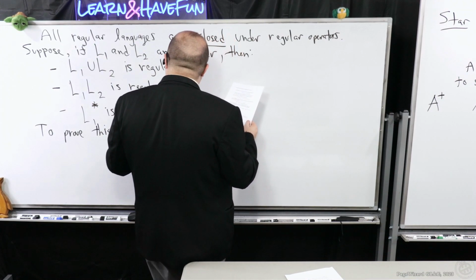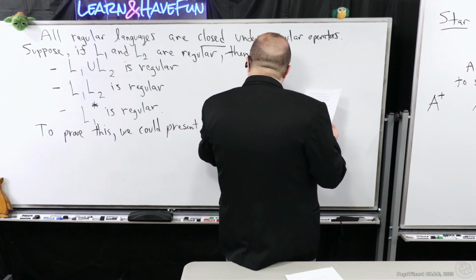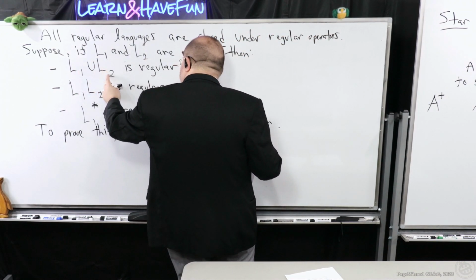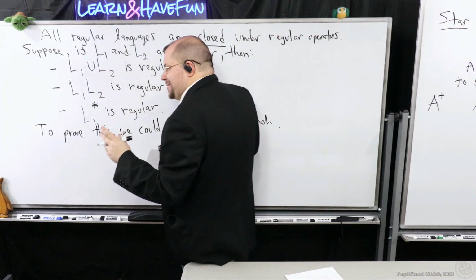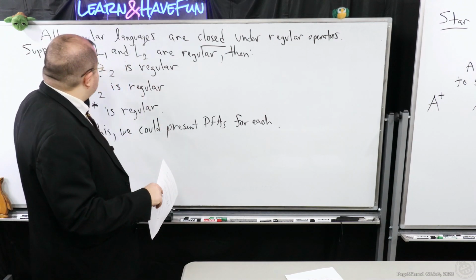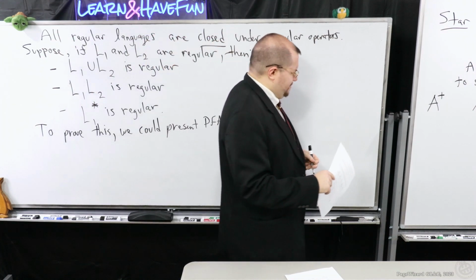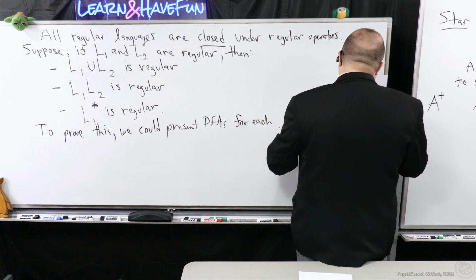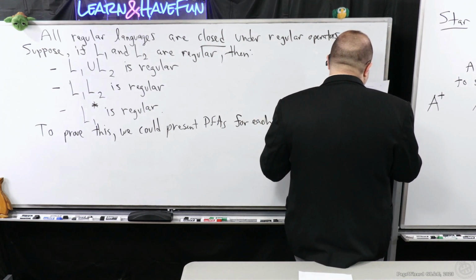Because that's what the definition I gave you was. There has to be a DFA that recognizes this language, and there has to be a DFA for this one as well, right? So one way you can go about this is you could try presenting DFAs that show that the result of performing this operation has a DFA. But I would argue it's a little tricky, okay? In fact, it may be much easier to go about it with something else.